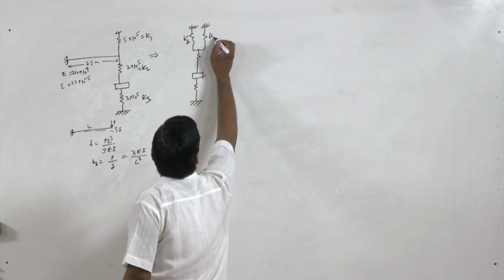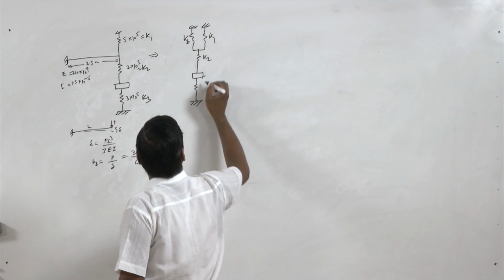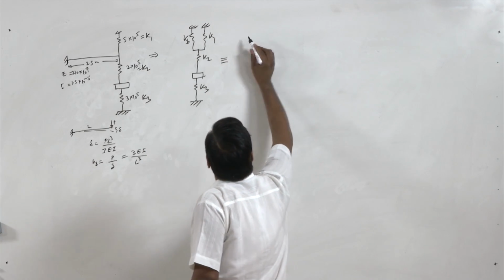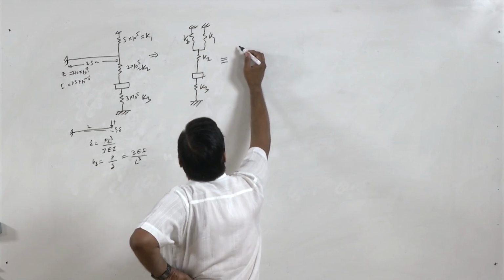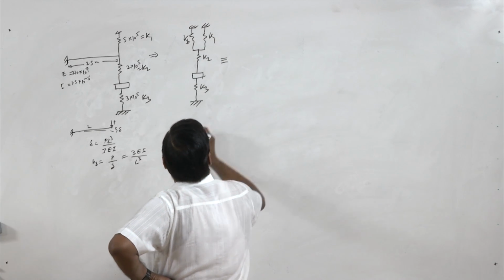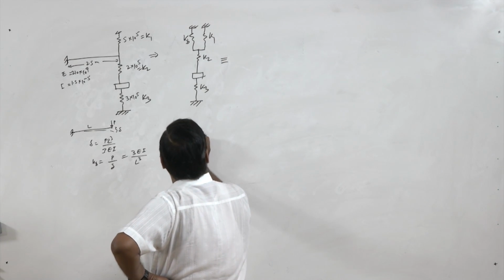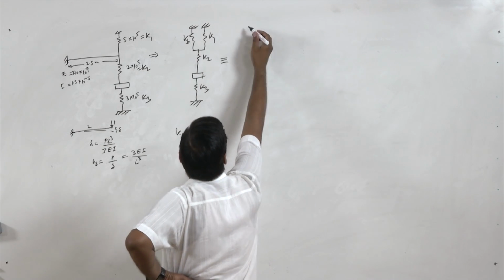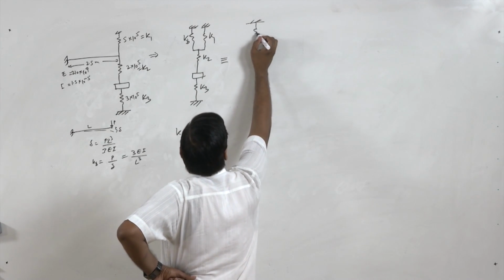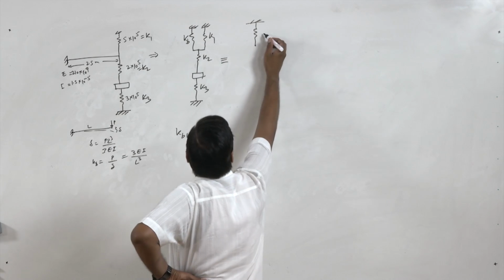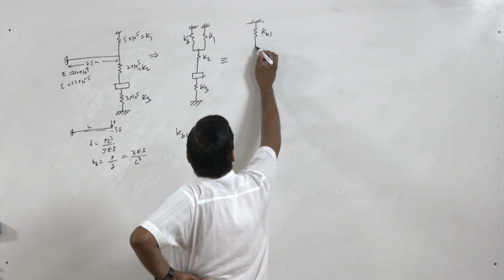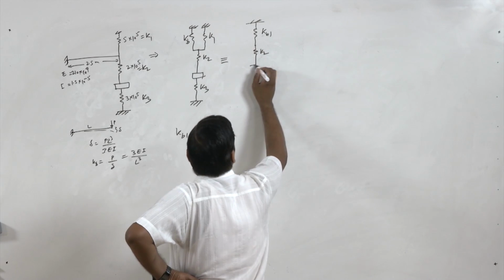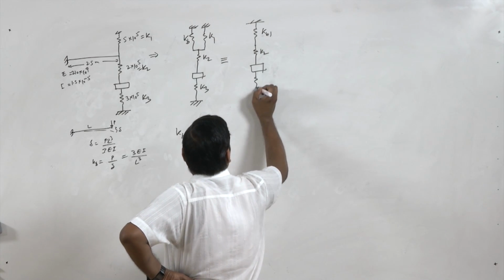So KB, K1, and this is K2, this is K3. Again we can represent this, so these are in parallel. So the parallel stiffness, KB1 equals KB plus K1. So the equivalent stiffness of these will be one spring KB1, then the other spring K2, and this is mass M and this is K3.